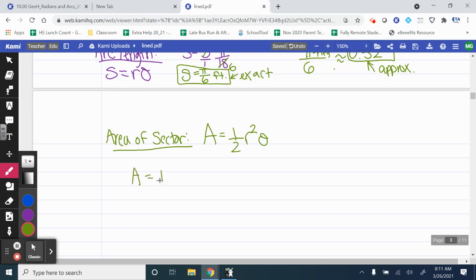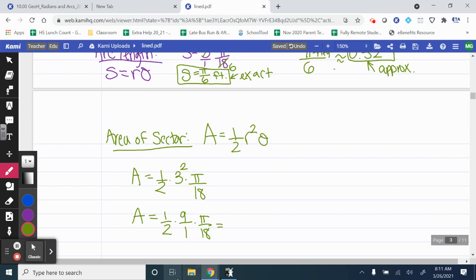So all we have to do is substitute in. The radius is 3 squared. Our theta is pi over 18. These are all being multiplied together. So let's simplify. I've got 1/2. Since everything else is a fraction, I'm going to write this 3 squared as 9 over 1. And again, you can cross reduce here. 9 goes into 18 twice.